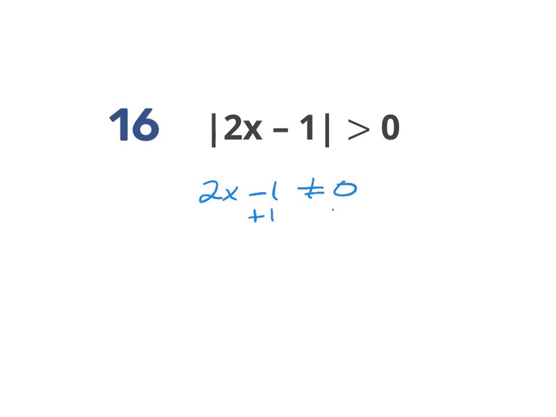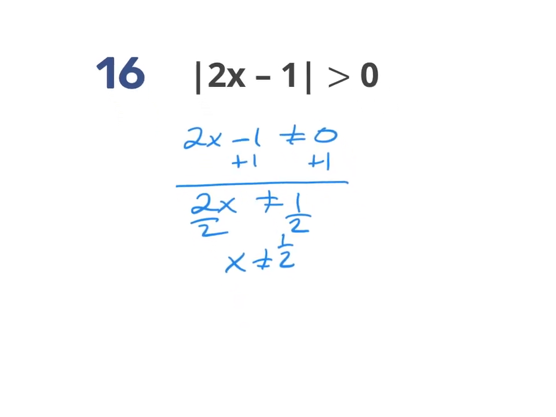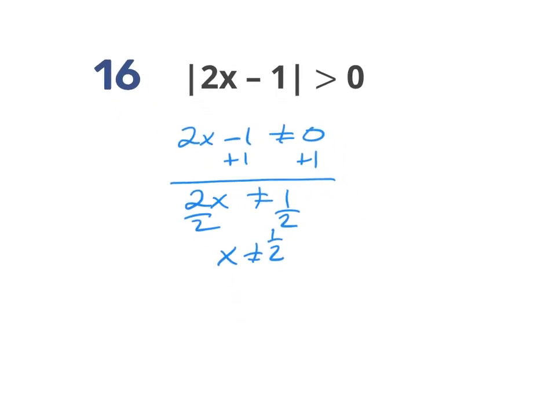So we would add 1. And divide by 2, x cannot be 1/2. So anything else is going to make that true. So it's all real numbers, except when x equals 1/2.